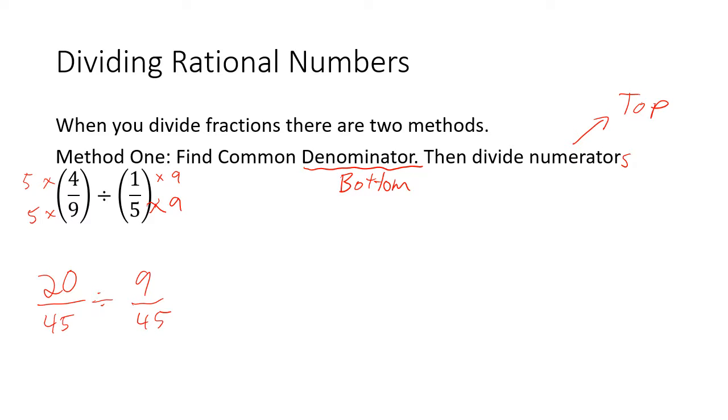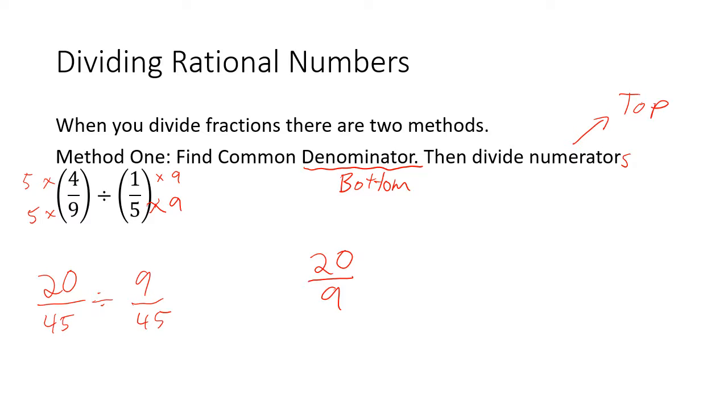Then the second part says then divide the numerators. So now it's 20 divided by 9, and that's it. That's your answer, 20 over 9.